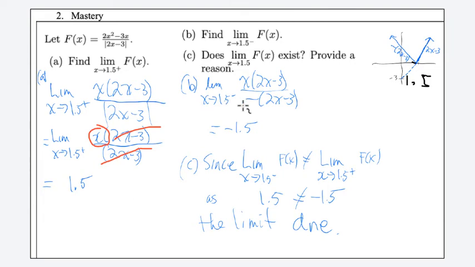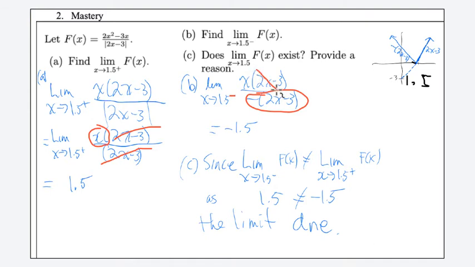Now, on the other side, let's take a look at approaching it from the negative side of 1.5. I've got this absolute value in the bottom, and if I'm approaching from the negative side, which version of 2x minus 3 am I going to use? Well, I'm going to have to use the negative version because I'm on the negative side of 1.5.